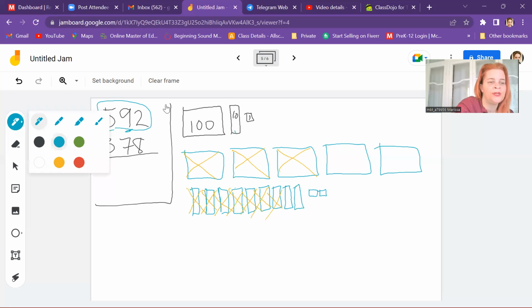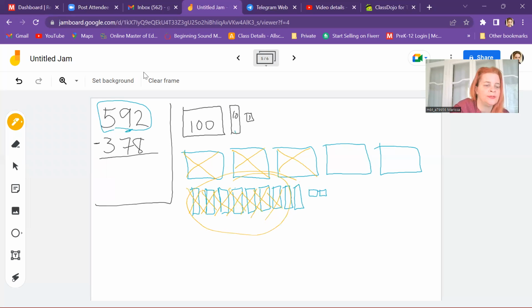So I took 7 from the 9. We'll just erase the line there. I wanted to show you the laser. So 7 tens we took right there from 9.